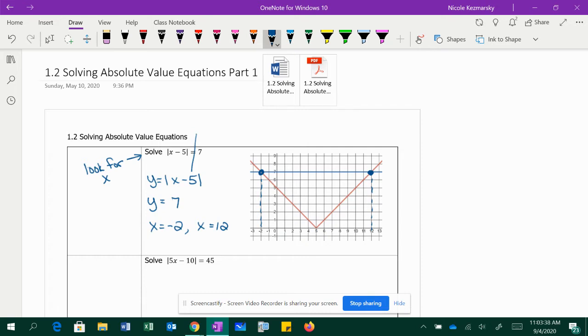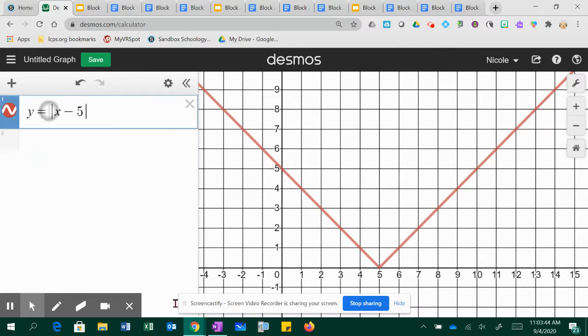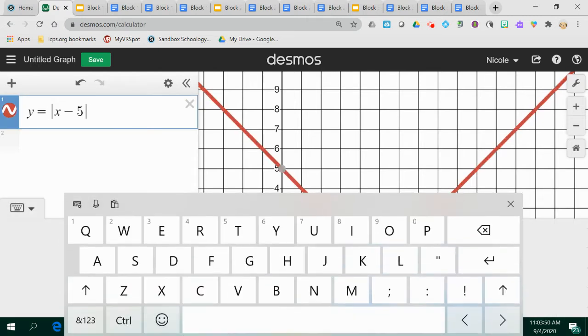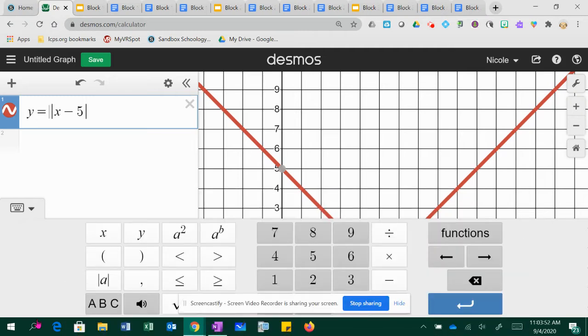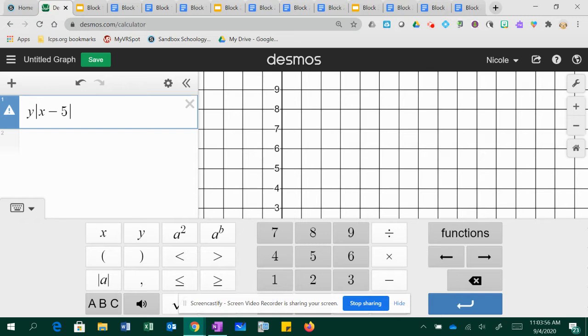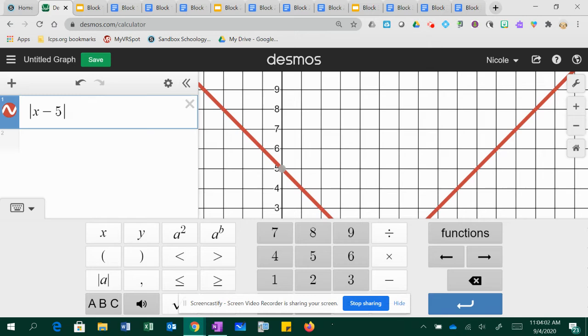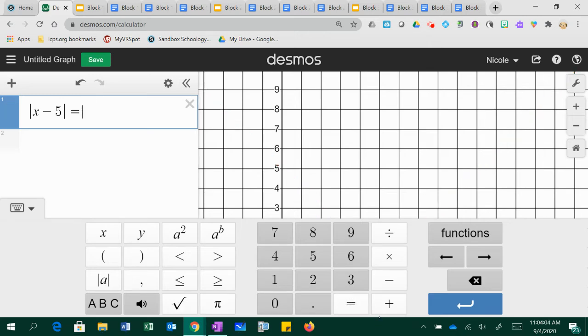Desmos can actually do this a different way for you. Let's hop back over to Desmos. I'm going to X out, and let me pull up my keyboard, if it will let me. I want to put in the actual problem, the absolute value equals 7.